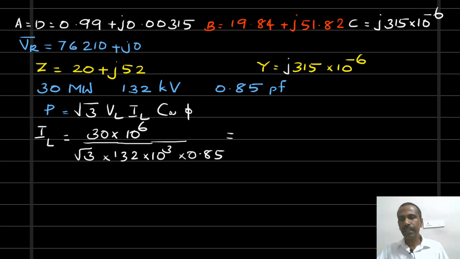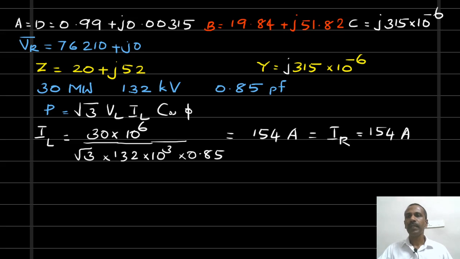So the line current equals 154 amperes. This is the line current. We have to find out the phase current. As it is the star connected system, the line current is same as the phase current. So the receiving end phase current is also equal to 154 amperes. This is the magnitude of receiving end current.